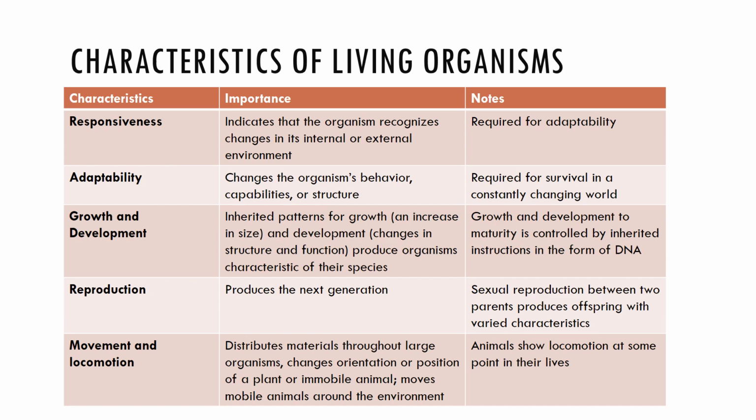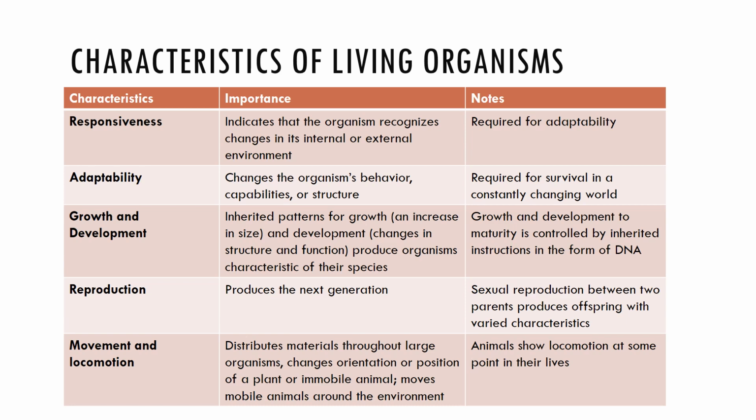Growth and development. We have to be able to increase in cell size and cell number. So we have patterns for growth and development. Reproduction. We have to be able to reproduce in order to produce the next generation.